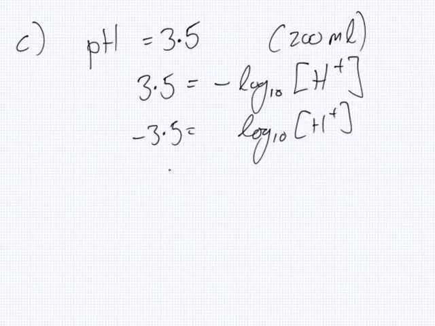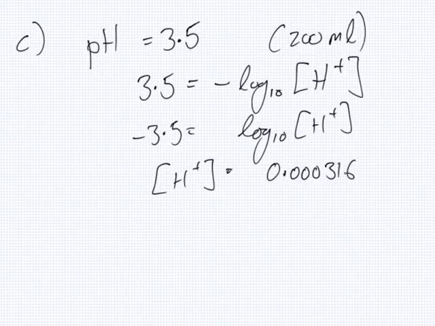So the concentration of H plus is 10 to the power of minus 3.5. It's quite a small number, isn't it? It would be 0.000316 then. So that's quite small. That's moles per litre.